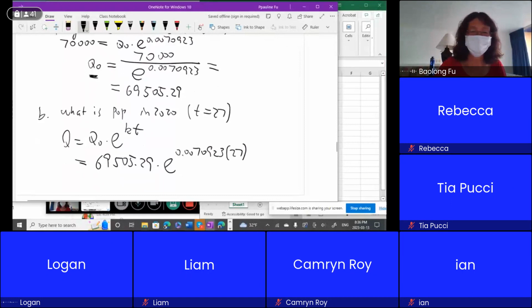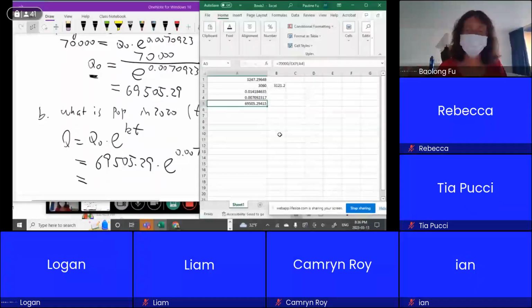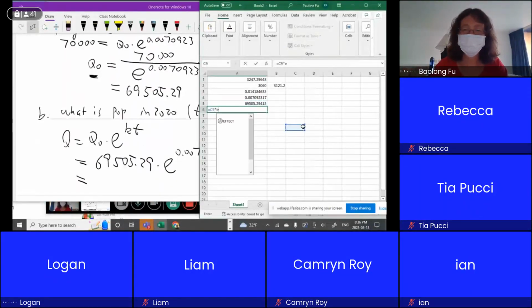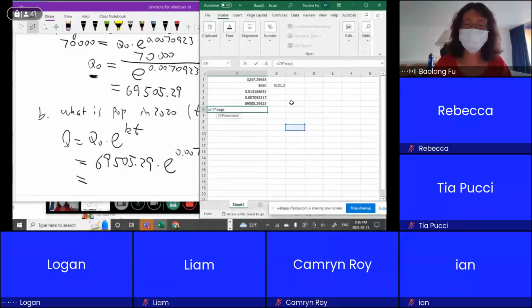Okay. And equal Excel. So equal Q0, this is my Q0, times EXP, and then K, this is my K, times 27.